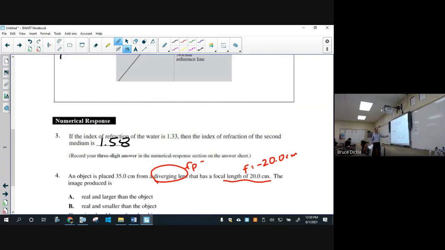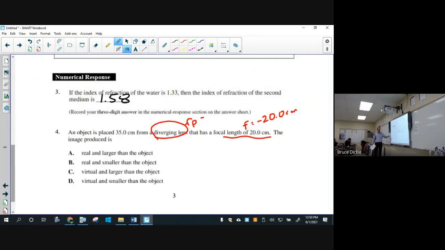Now, as it turns out, I suspect that some of you didn't even do any math for this question. I didn't actually. I used my ray diagrams and patterns. How many of you guys did that? Ray diagram and pattern, that's the way I like for this method, but the math works too. How many of you guys did math?